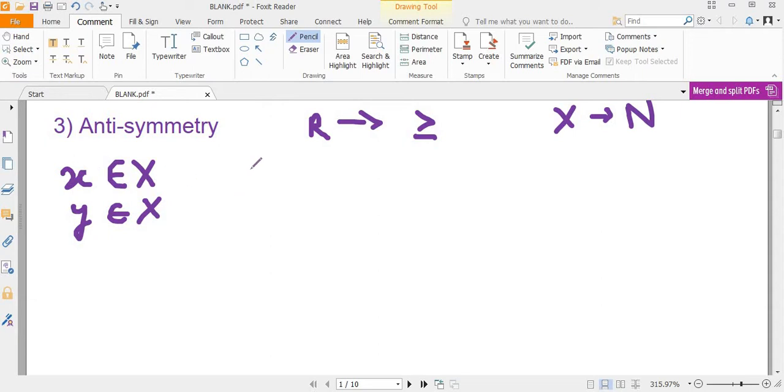What you realize is you can essentially say that small x is related to y. That is, x R y holds. That is true. And you realize y is also related to x.